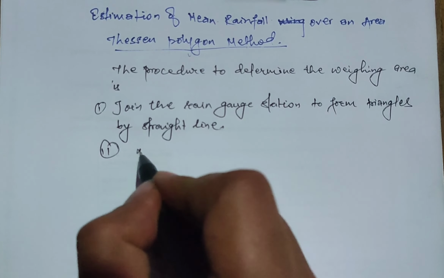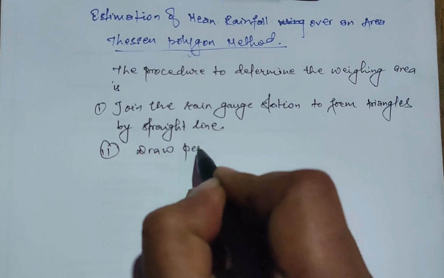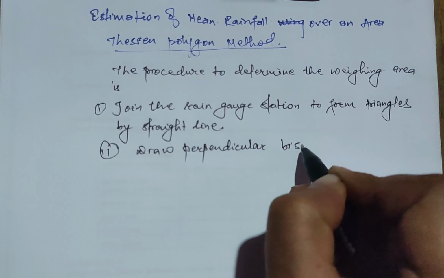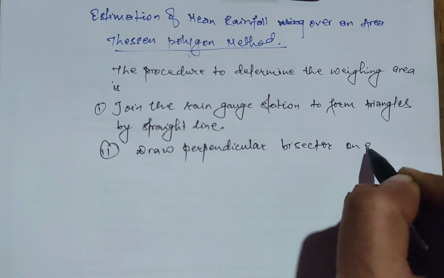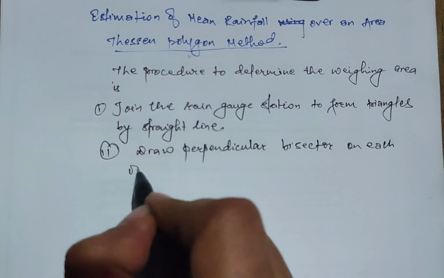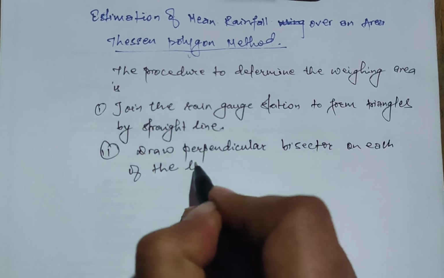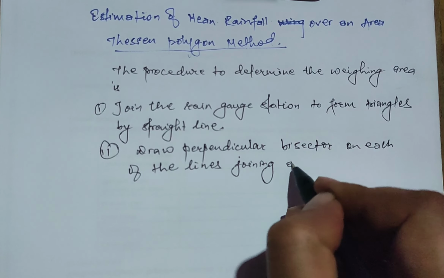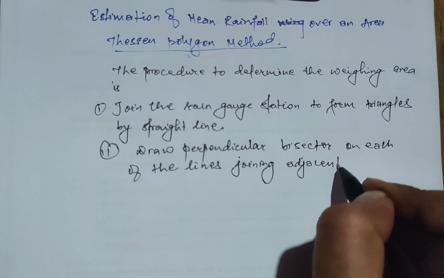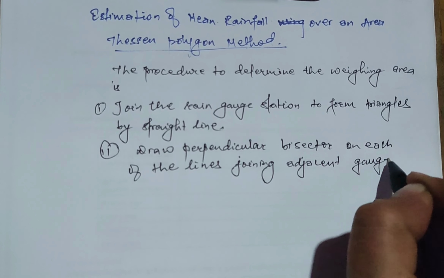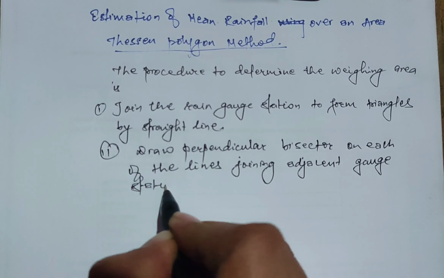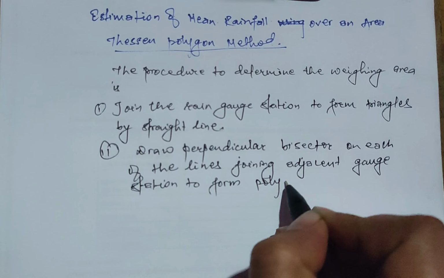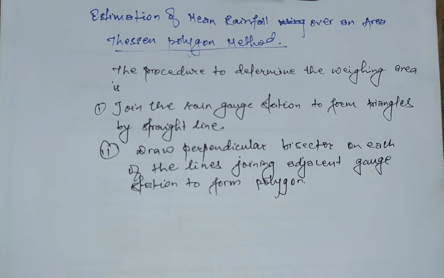In second, draw perpendicular bisectors on each of the lines joining adjacent gauge stations to form polygons.